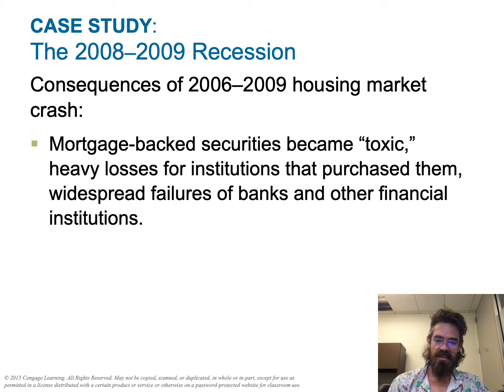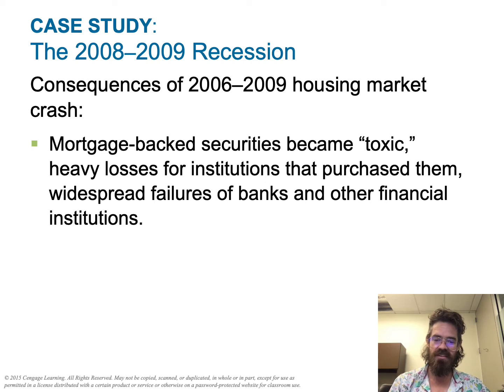Now, the problem is that a lot of insurance companies owned these very assets that they were insuring. So not only were the assets declining in value, but the insurance companies also had to make insurance payments to people that also owned these assets that were declining in value. But they didn't have the money because their assets were becoming worthless.